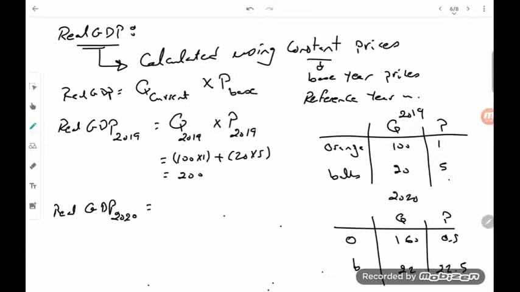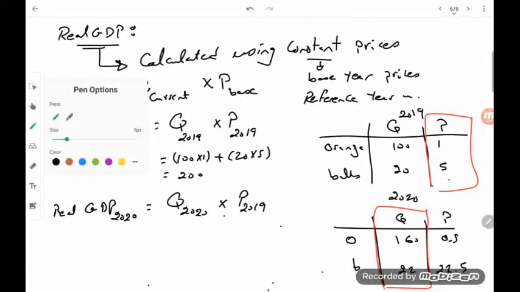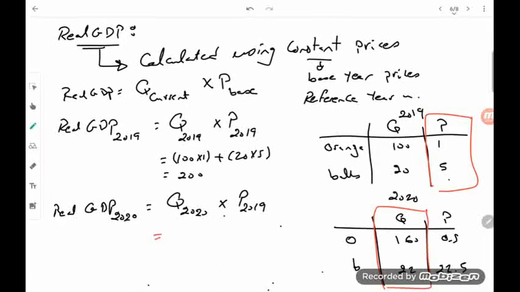For year 2020, we have the quantities of 2020 and the prices of the base year, which is 2019. So this means that we are going to use these quantities and these prices. So real GDP will be calculated as 160 multiplied by 1 plus 22 multiplied by 5.